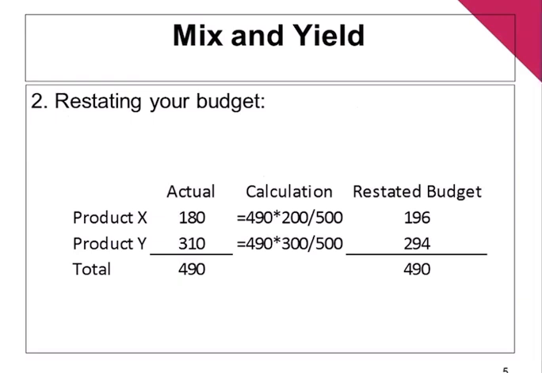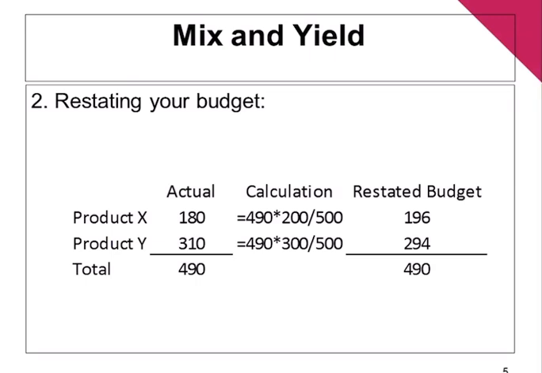The original budget was to sell 500 units, in the proportion of 200 of X and 300 of Y. So we look at our actuals, and they stay the same, we don't change them. So we do 180 and 310.